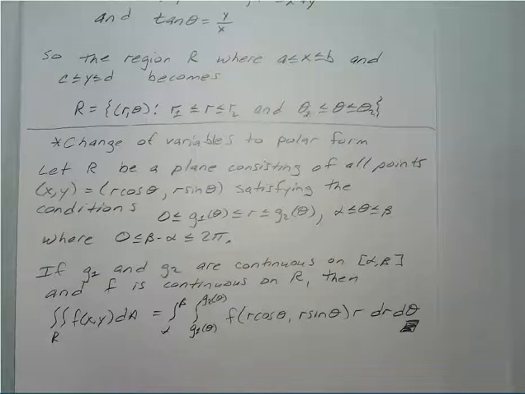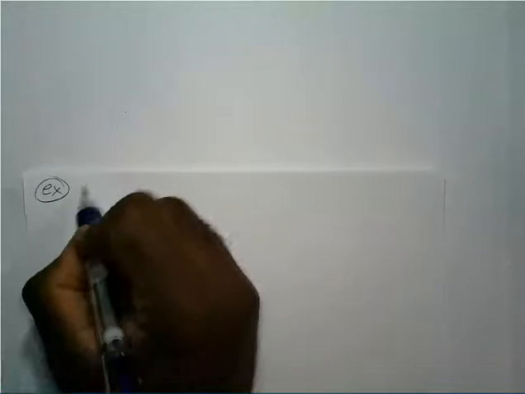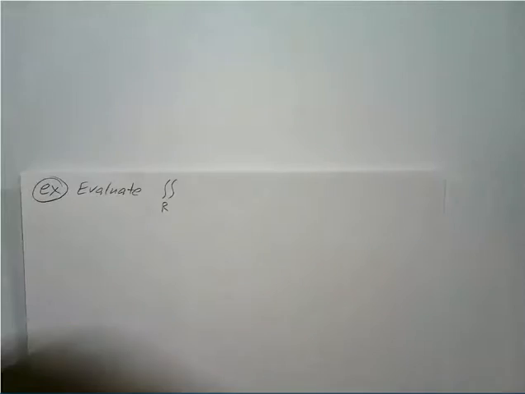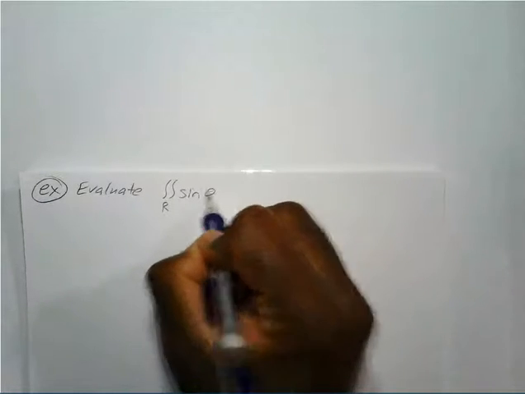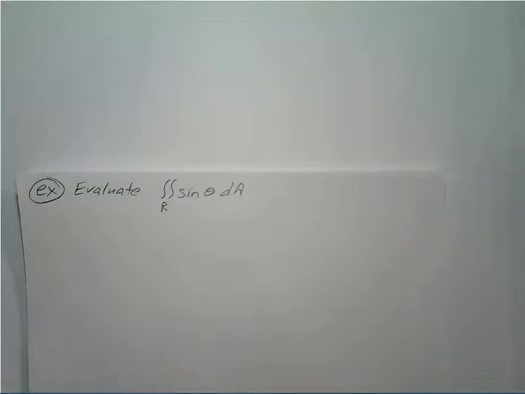If you are still writing, feel free to press pause, but we're going to go ahead and start on our first example. Let's say for our first example we want to evaluate the double integral of sine theta with respect to the area of the region.